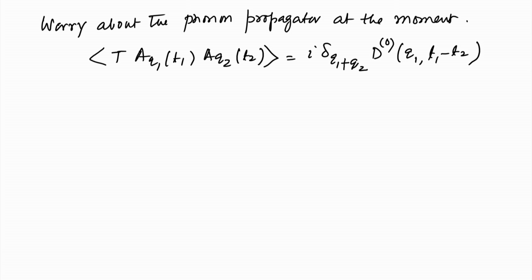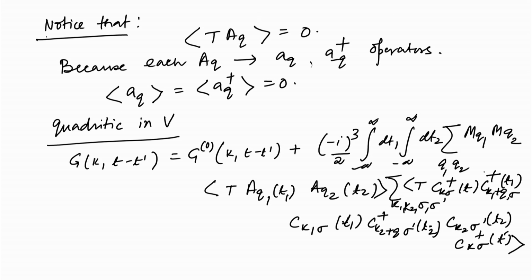There are 3 electron creation operators and 3 annihilation operators for the electrons. There will be 3 factorial combinations which would allow us to write them down in terms of the non-interacting Green's function for the electrons, which we have learned.